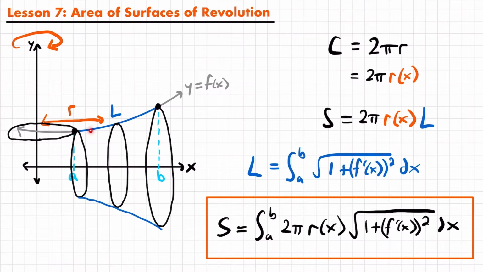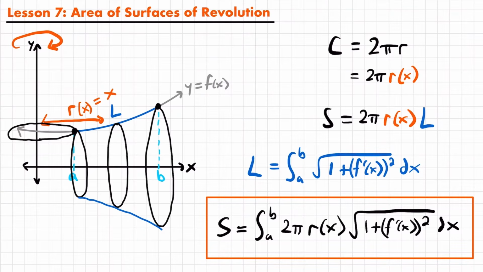Right, wherever we choose to draw a circle along this curve, the distance from that point on the curve to the axis of revolution is just whatever value of x you are at along the x-axis. And so in this case, r of x is just equal to x.